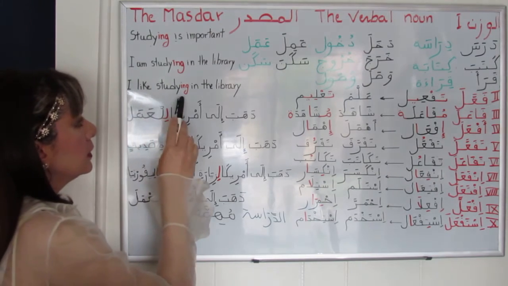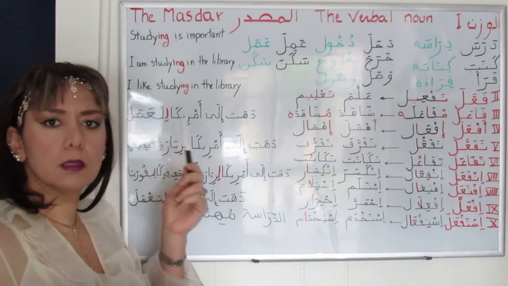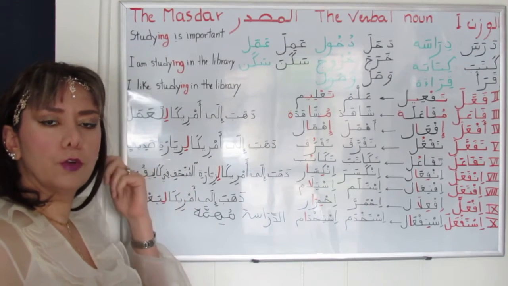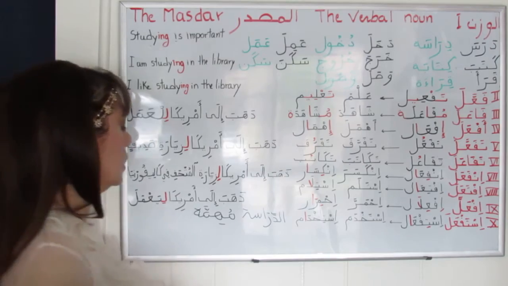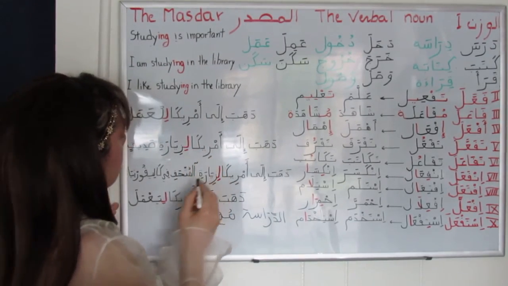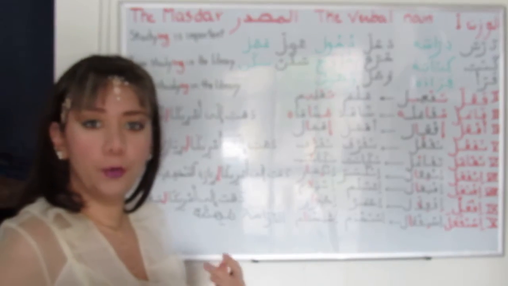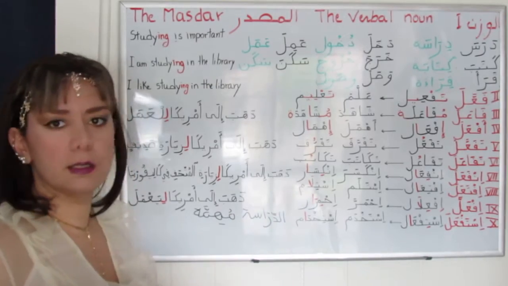I like studying in the library. Here, studying is the object of the verb like. So here, I like studying. أنا أحب. I like. أنا أحب الدراسة.